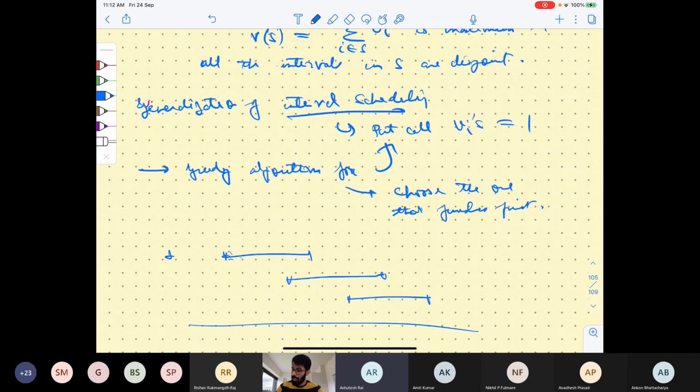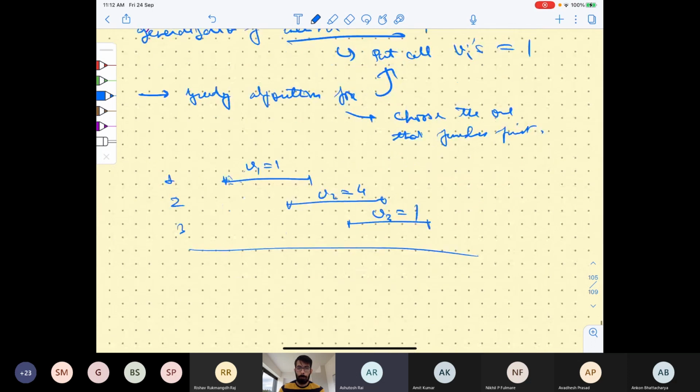So let's say v1 is equal to 1, v2 is equal to 4, and v3 is equal to 1. In this case, the greedy algorithm will choose this one and this one, and the total value will be 2. But the optimum solution is this one.